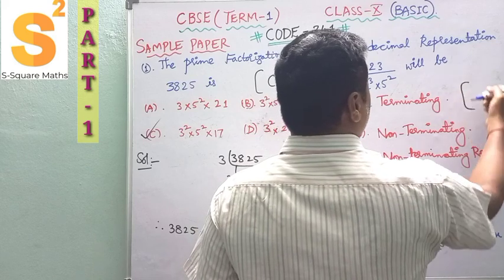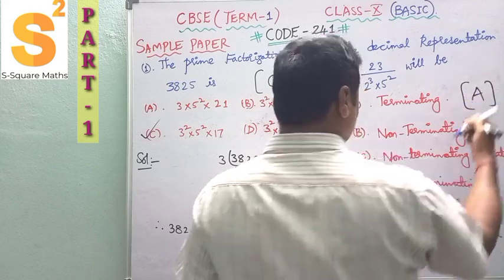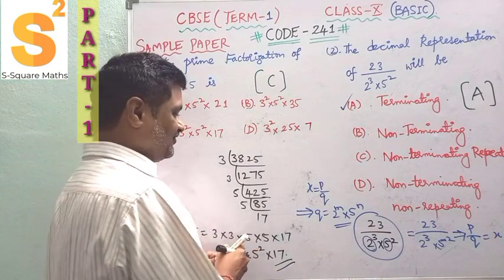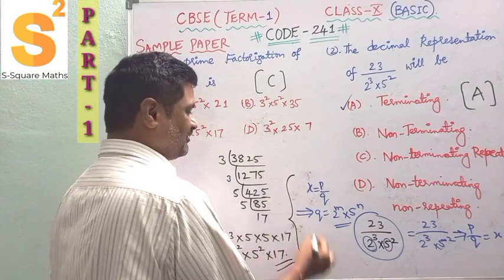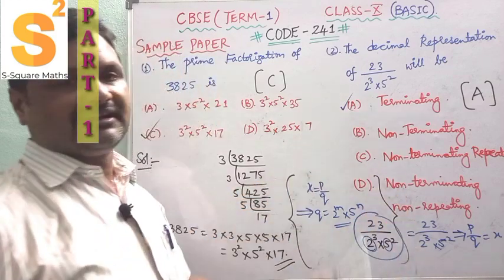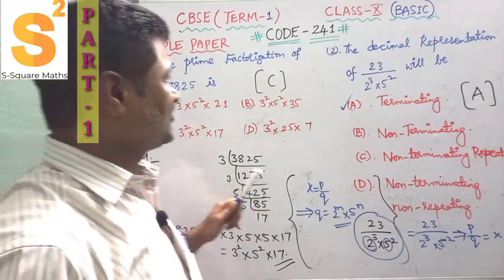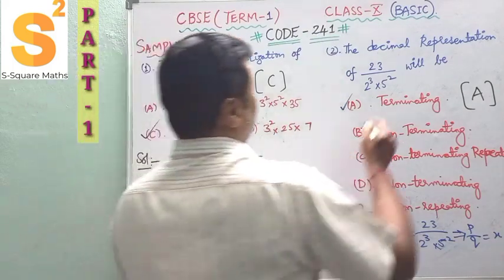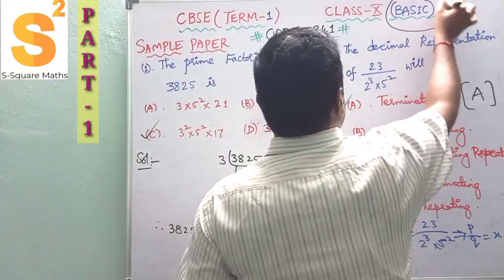Like this, without actual division we have done this one. Just remember, if we can write it in this form, it is a terminating decimal. So like this, first problem, second problem, and these problems are meant for basic level students.